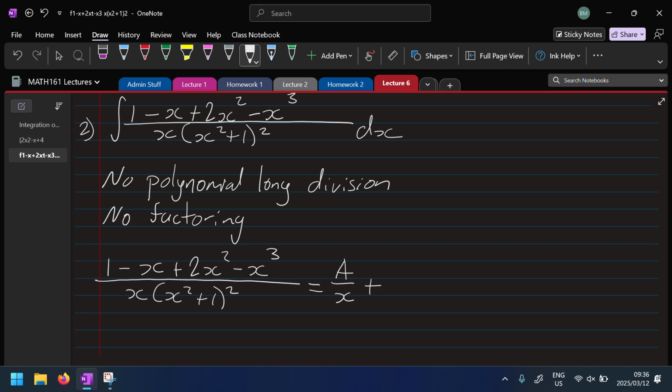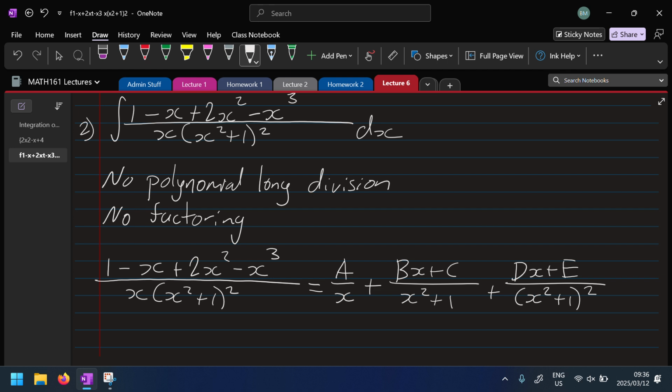Next, we have a quadratic. It cannot be factored. It's already factored enough. It's repeated twice. So we're going to have one term with the quadratic, another term with the quadratic squared. So this will be bx plus c over the quadratic, and then dx plus e over the quadratic squared. And that's it. That's the decomposition done.